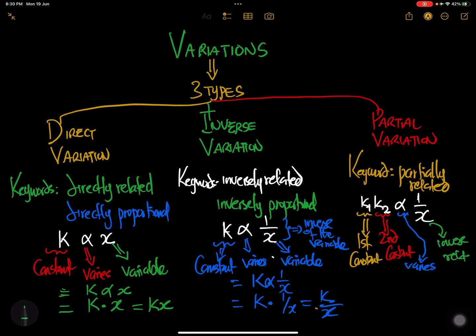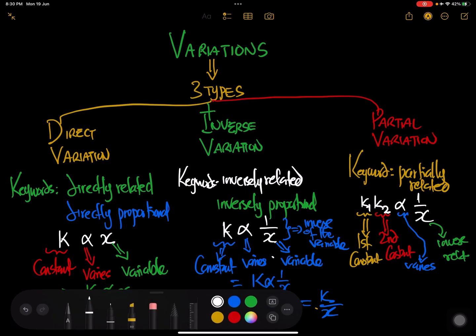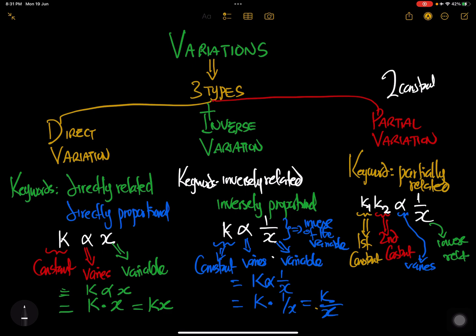So to summarize the third method, we have two constants, and we also have an inverse variation.